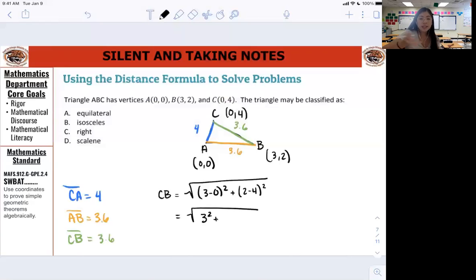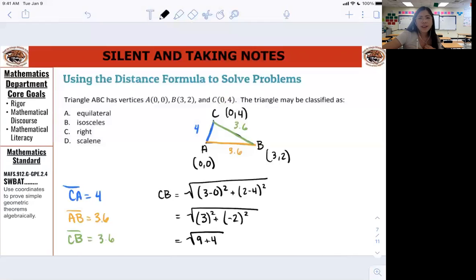-2. Technically, this 3 is still inside of the parentheses, and this -2 is still inside of the parentheses. 3 to the power of 2 is 9. And what about -2 to the power of 2? It's 4, exactly.